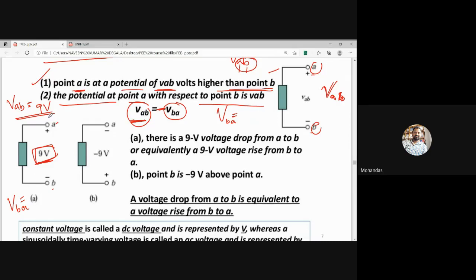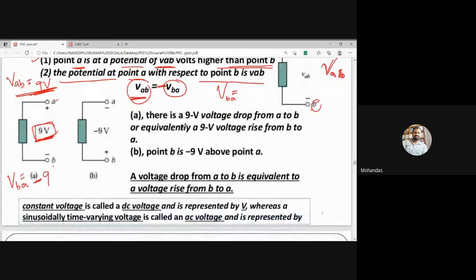If you take VAB, it is plus 9 volts. If you take VBA, what is the voltage here? The voltage will be 9 only, but the polarity will be minus. This is explained here.